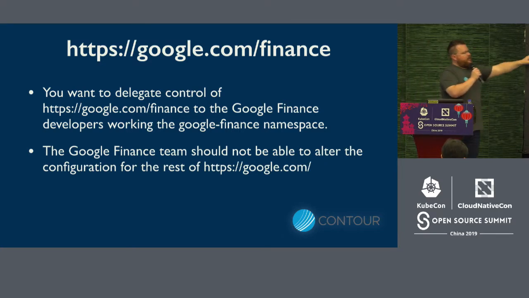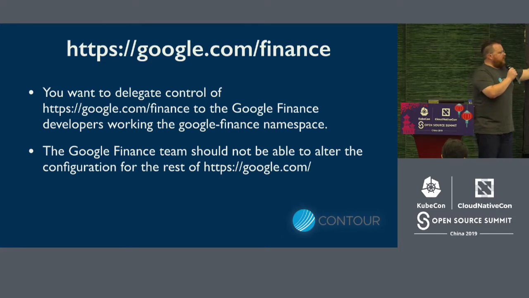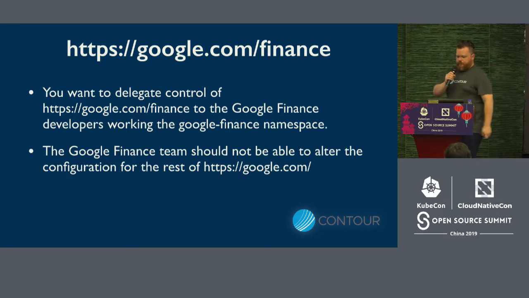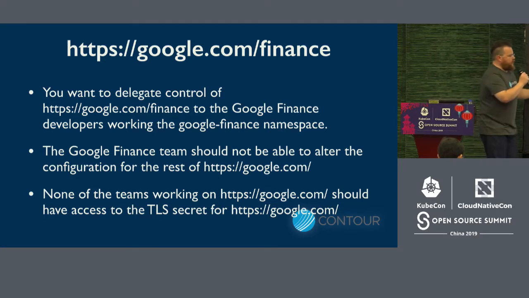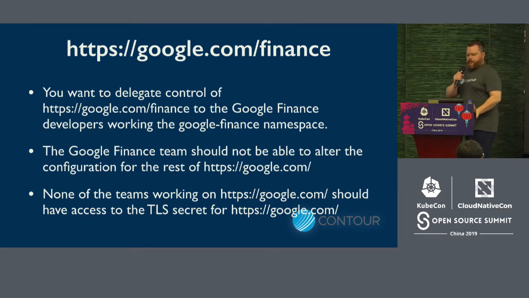Importantly, this Google Finance team shouldn't be able to alter the configuration for any of the other properties on this website. They shouldn't be able to touch ads, touch search, touch the homepage. They should only be able to work in their little area called /finance. And most importantly, none of the teams working on contributing parts of this application should actually have access to things like the TLS secret for serving www.google.com.